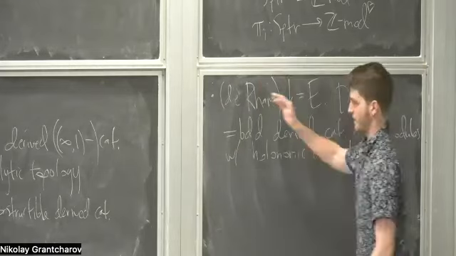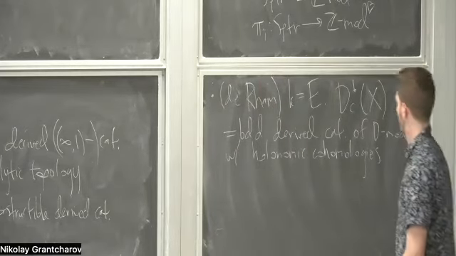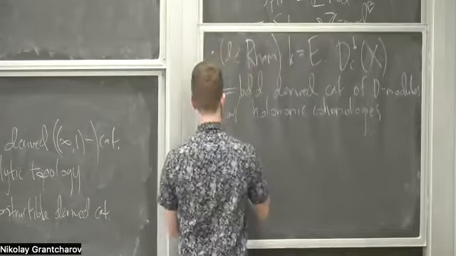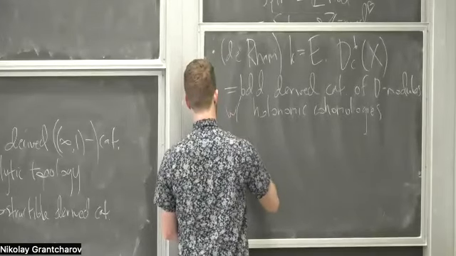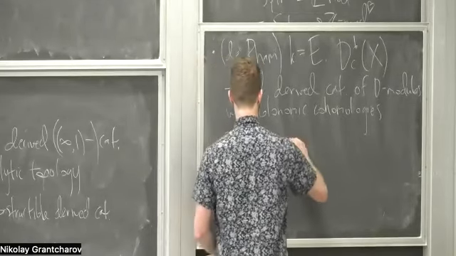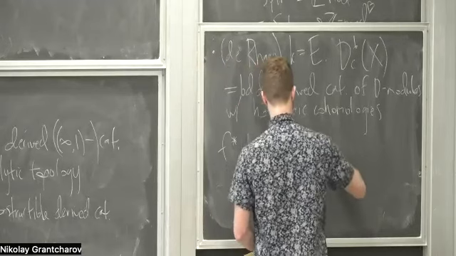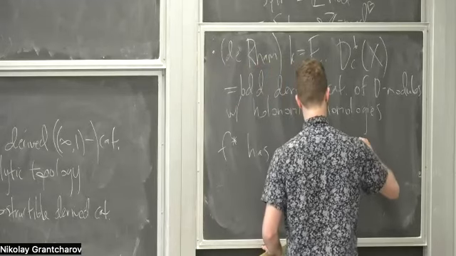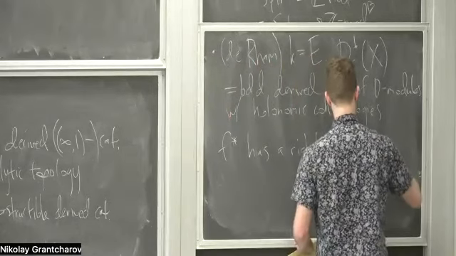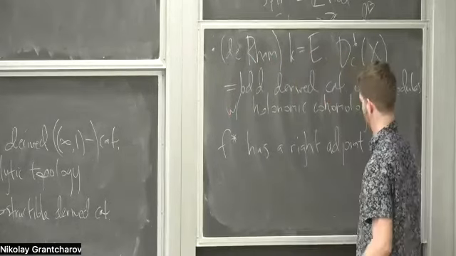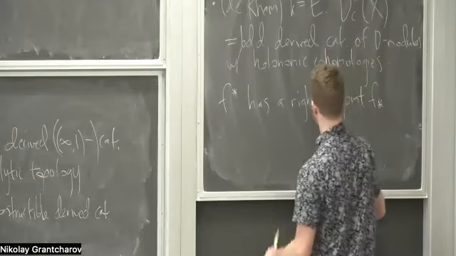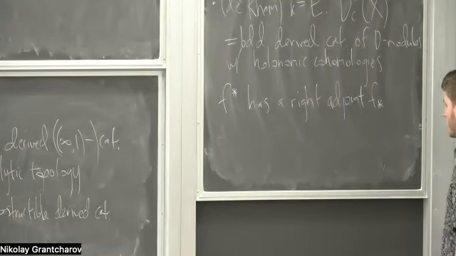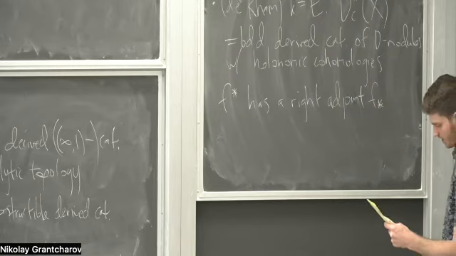Okay, so these are the three basic settings I want you to keep in mind. And in all of these situations, f upper star has a right adjoint, f lower star. So we have f upper star and f lower star for all maps f.